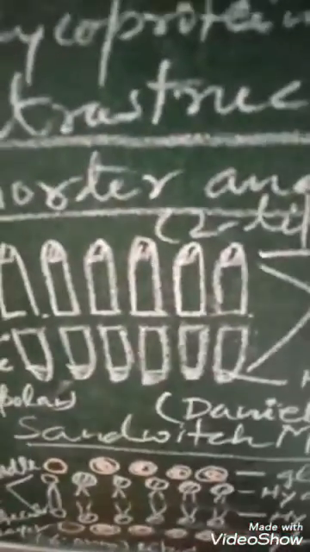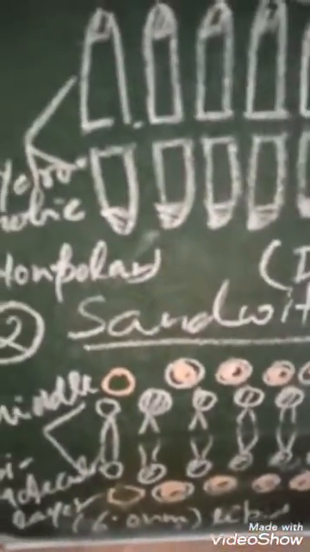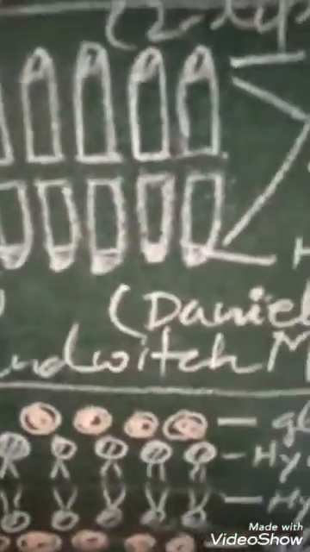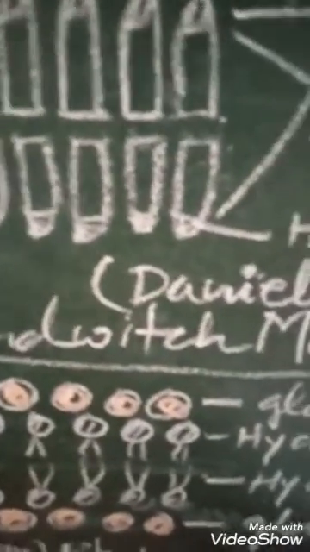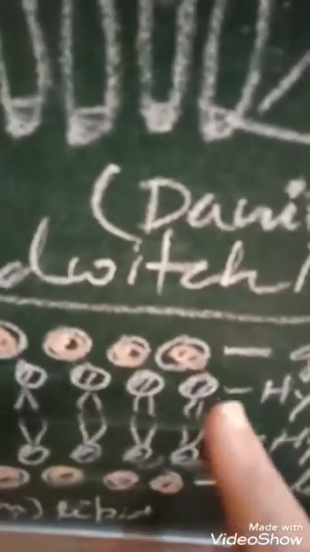According to this model, the plasma membrane was composed of an outer globular protein and an inner globular protein, which are towards the two peripheral ends of the plasma membrane, outer and inner.